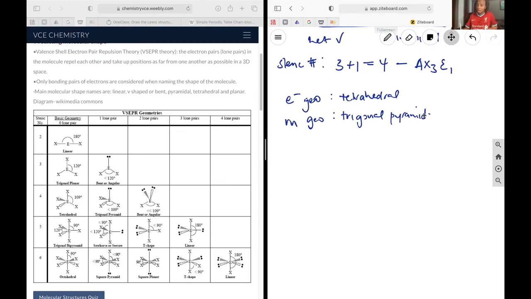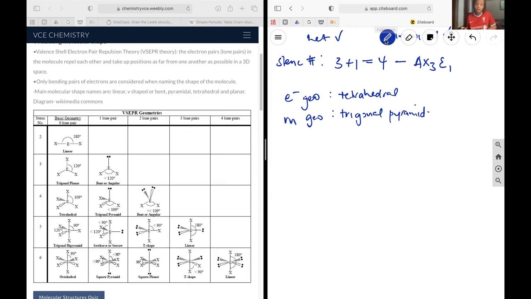So you don't even need to draw it oftentimes to figure that out if you're trying to be quick, but just for the sake of it, let's draw it. And so I'm gonna have a fluorine here, fluorine here, fluorine here, and then I will have my lone pair going up. Let's fill in everybody with octets.